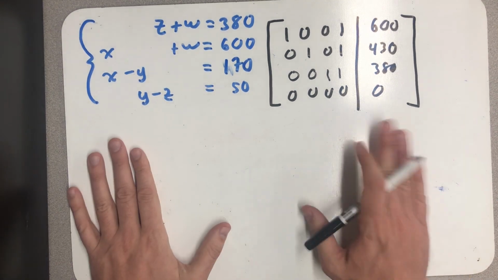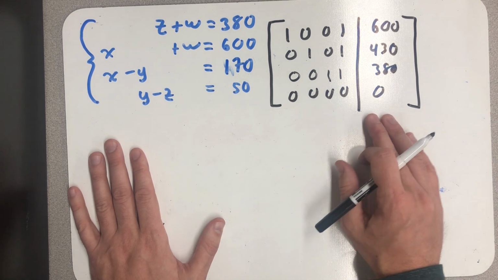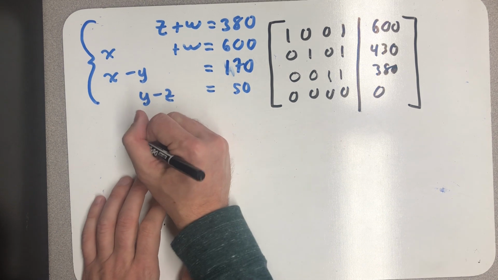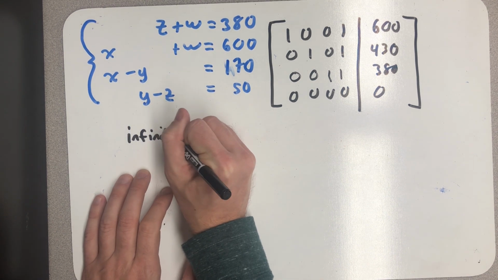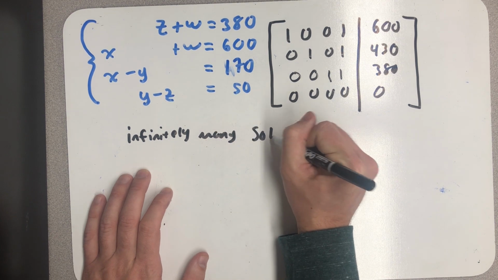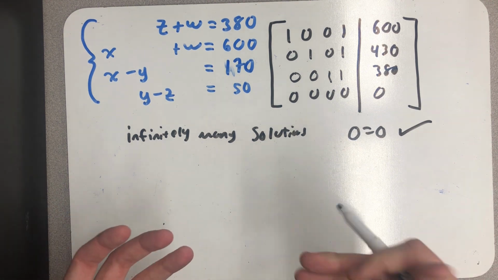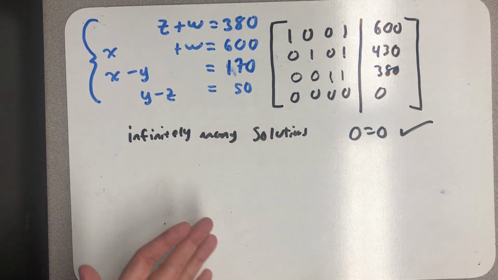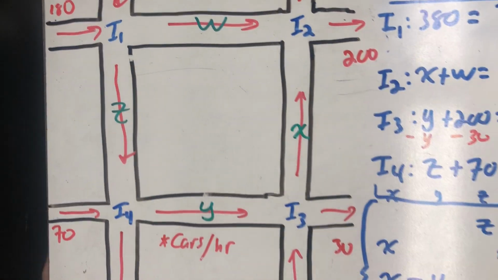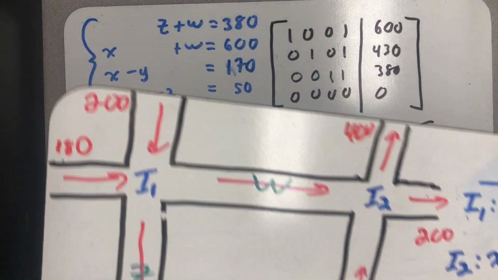Okay, well, this is as close to row reduced echelon form as we can get this matrix. And it turns out when you get a row of all zeros here, this is the case where I have a dependent system. This system has infinitely many solutions, because that last row is literally saying 0 equals 0. That's one of those true statements. Well, this actually makes sense. It might not be what we wanted as students, but if traffic's going to move through this intersection, I probably do really want more than one possibility that will work.